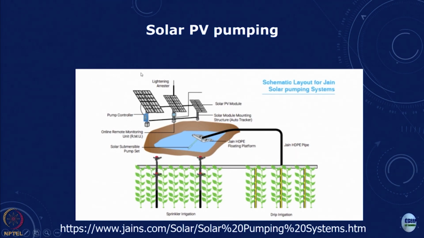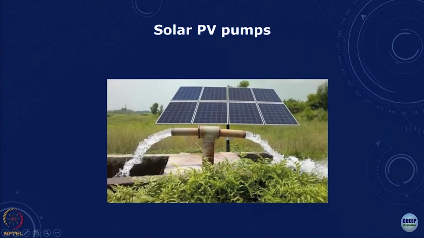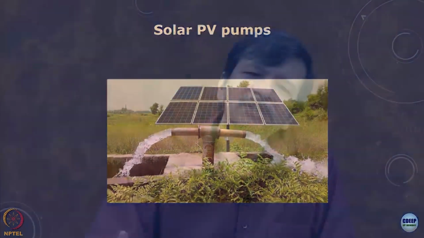Typically you'll have the solar PV modules and then the pipeline. There's a schematic for a particular company with a solar pumping system, and this is typically how it will look in the field. The advantage also is that if you have some storage, it is possible to pump whenever you have the solar, and use it in the field if you have water storage.